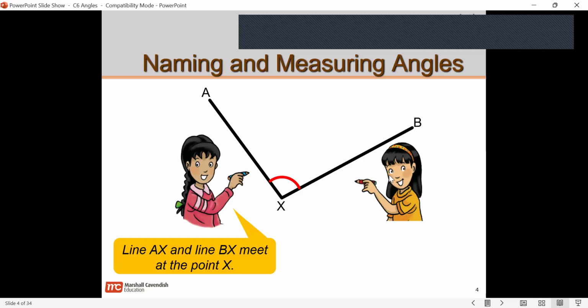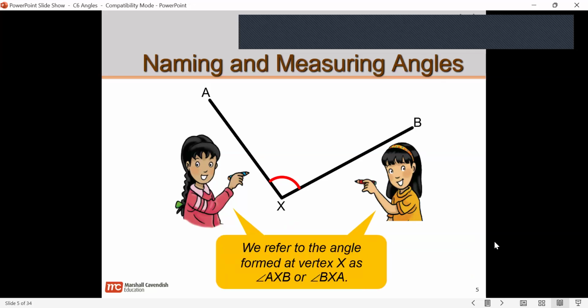In this case, in the same way, B is a point, X is a point. BX is the line, and lines AX and BX meet at the point X. So that's the common letter X. Now, then the naming comes. The point X is the vertex, the meeting point of these two lines.